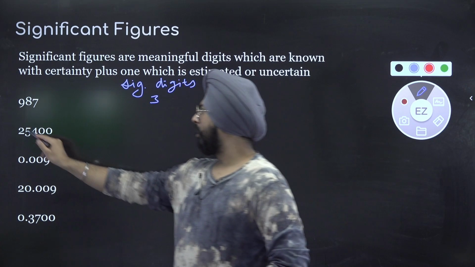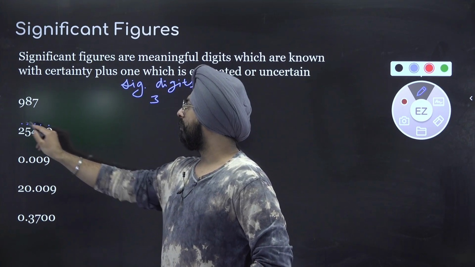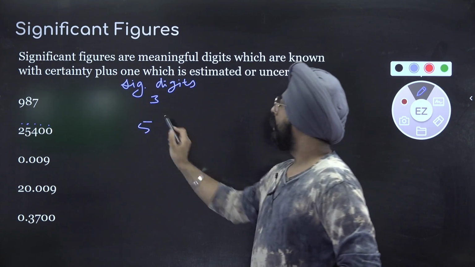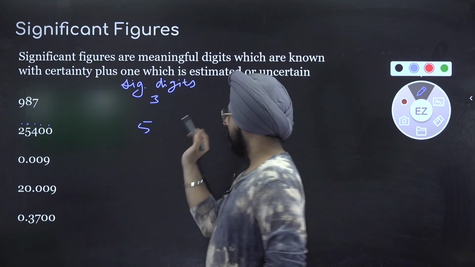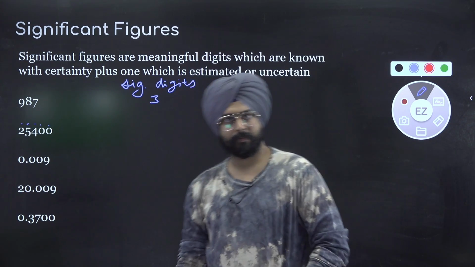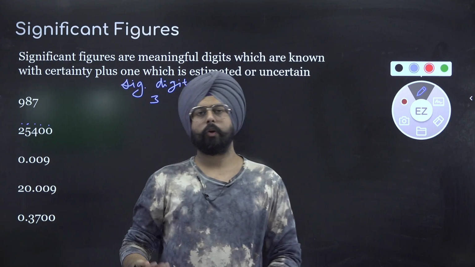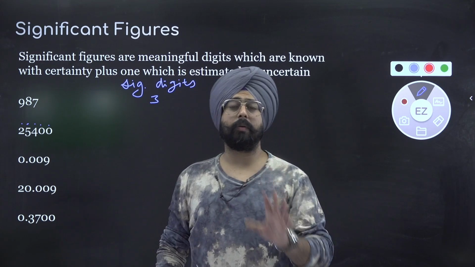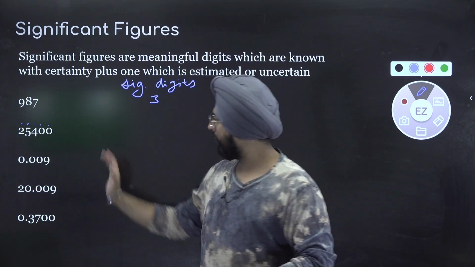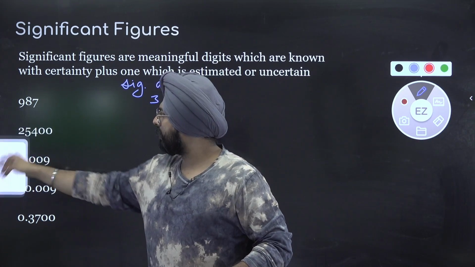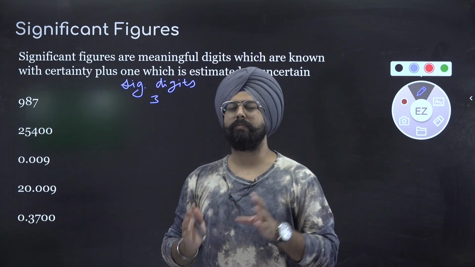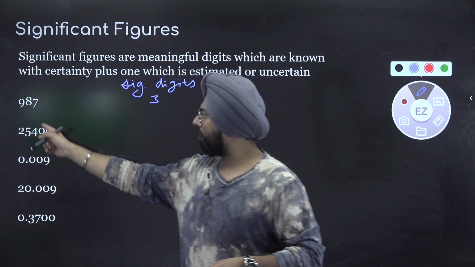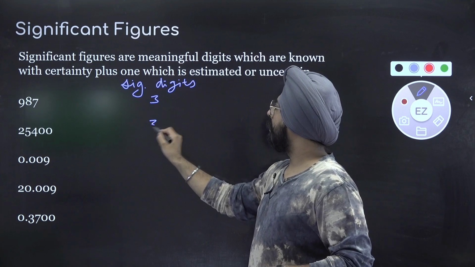Obviously. Over here, how many significant digits? Some people will say 2, 5, 4, 0, 0: 1, 2, 3, 4, 5. My dear friends, this is not the correct answer. Whenever you have zeros like this, and there is no decimal point that is mentioned, okay? You have zeros like this and no decimal point is mentioned, then over here you have only 3 significant digits.